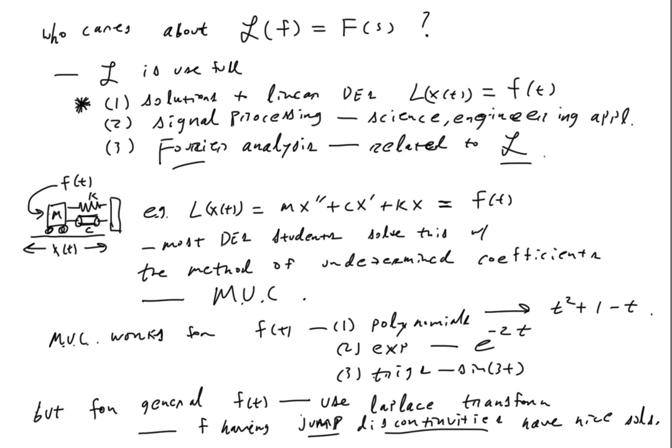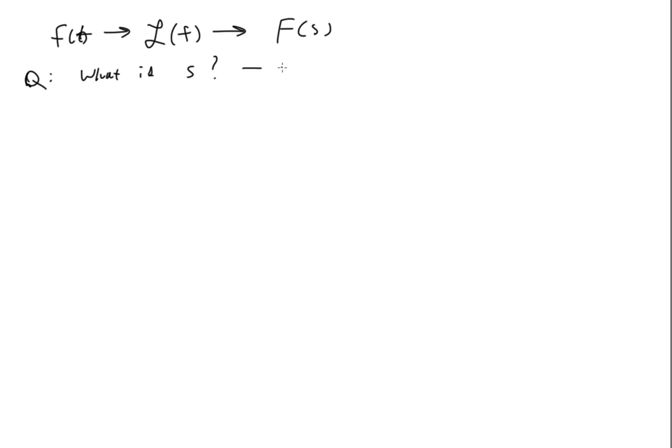Okay, so in the last little bit here, if I have f of t and I take the Laplace transform and it becomes this F of s, the question then is what is s? And specifically, the units.